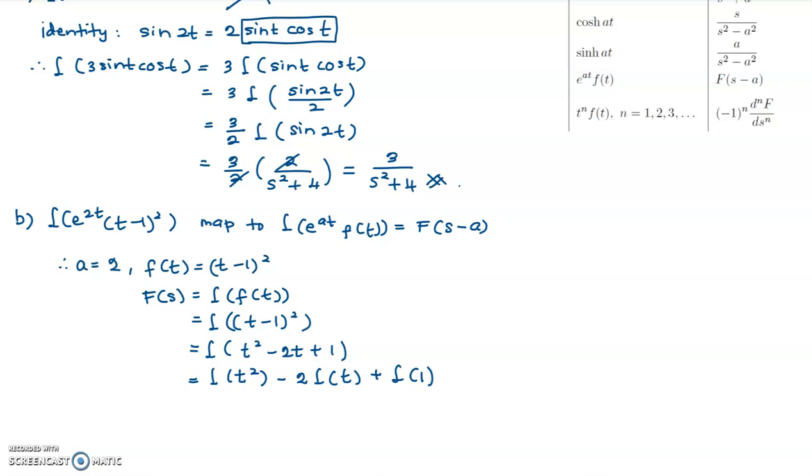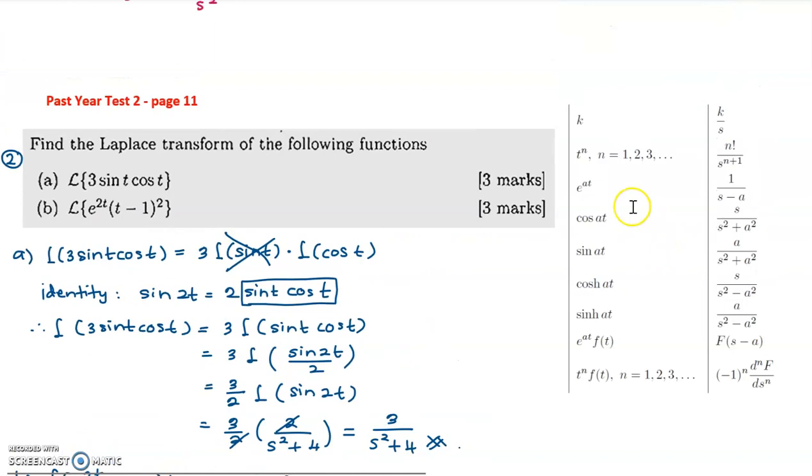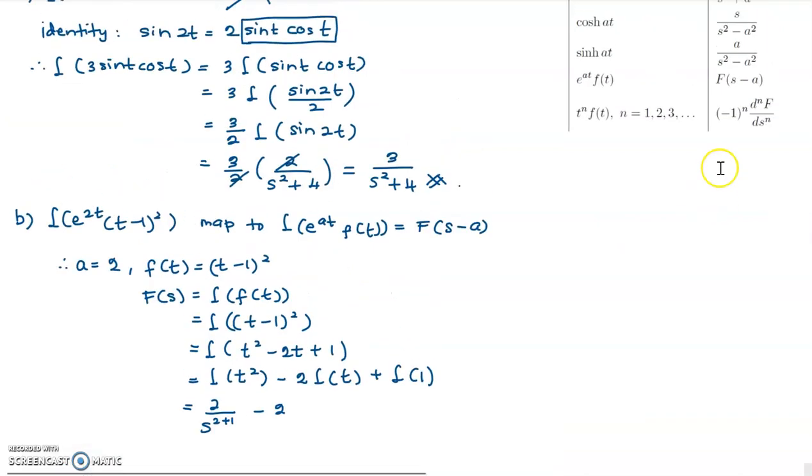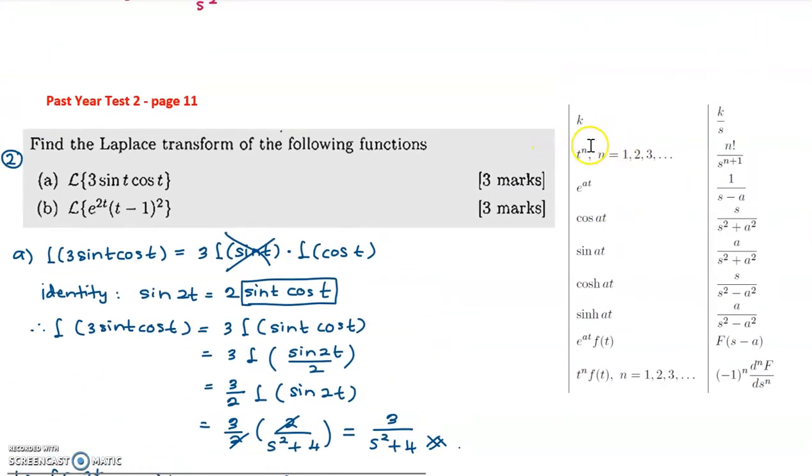Based on the table, Laplace of t squared: we have t to the power n here, and in our case n is 2. So the answer is 2 factorial over s to the power of 2 plus 1, where 2 factorial is 2, so 2 over s cubed. For t, we refer to the same thing in the table, t to the power n, our n is 1.